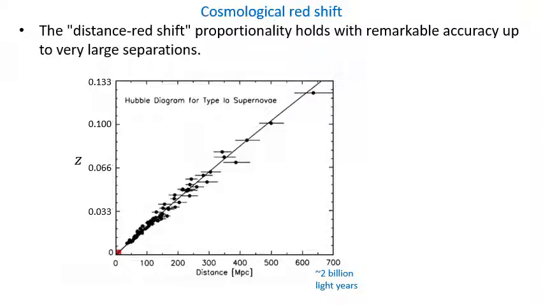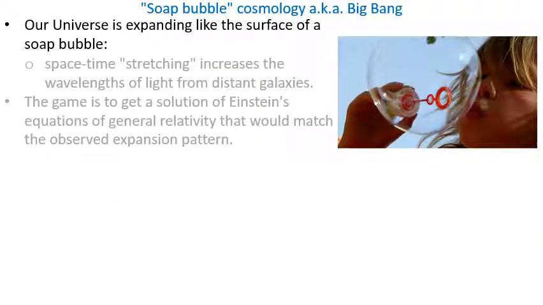Actually, the Hubble law holds with remarkable accuracy up to very large distances. This picture shows the linear redshift dependence extended to about 2 billion light years. Modern cosmology explains the Hubble law by expansion of the universe.